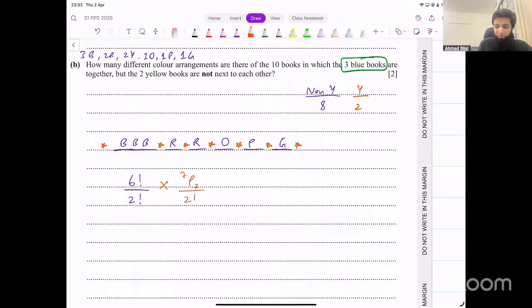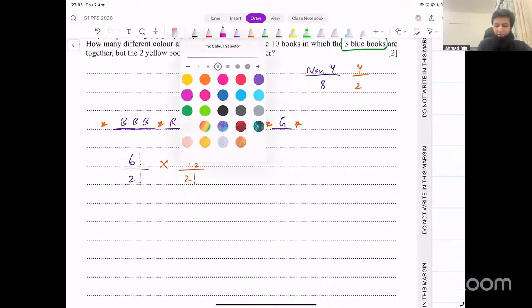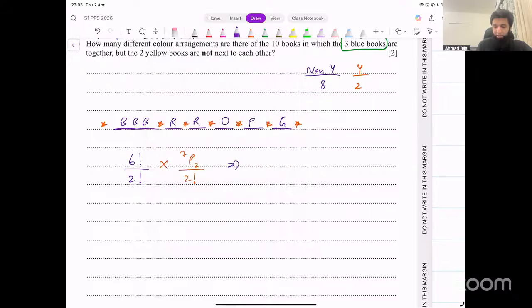So we divide by 2 factorial because of that. This thing is equivalent to 7C2. So you can also use 7C2 in place of 7P2 over 2 factorial. That will also work. And that should give you the result. You can see what that is. Makes sense, right? 7560. That's your final answer.